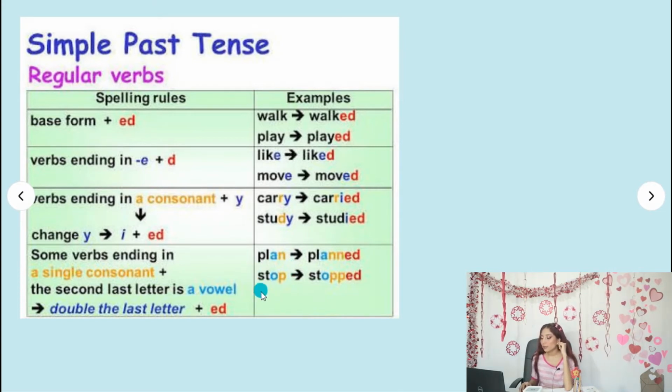Consonant, vowel, stop. So you need to double that last consonant. We are going to double the last consonant. And you are going to add ed. Stopped, planned. Okay? So if you didn't copy this in your notebook, please, it's super important that you copy this because it's going to help you so much.